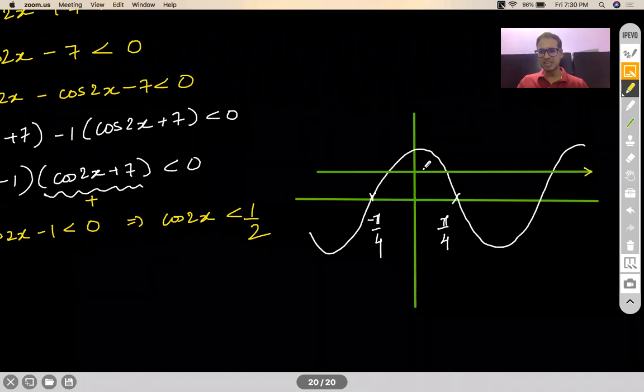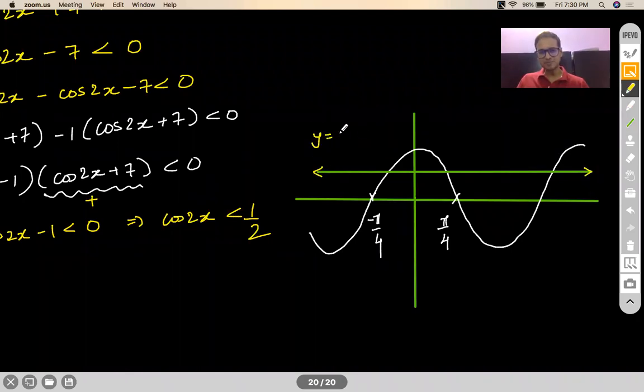So let's say this is your line y equal to half. Okay, let us take one of these intervals. I suggest you tell me this interval. So let's take this part. That means I want you to give me this interval, the one which I am making slashes.